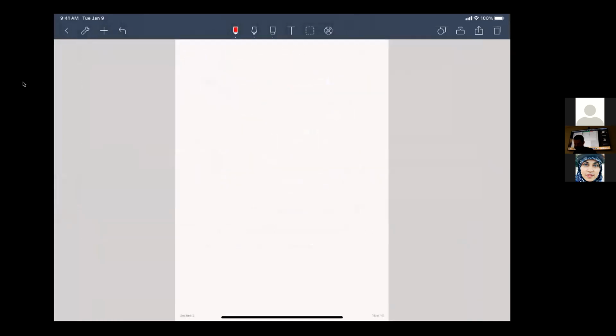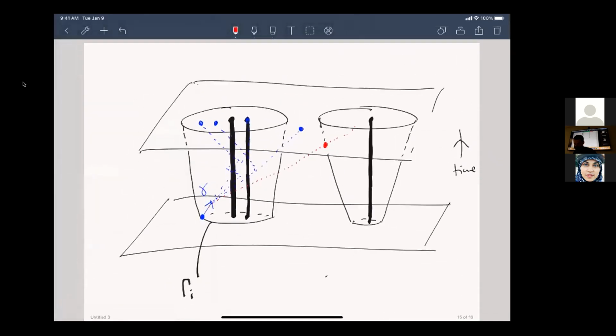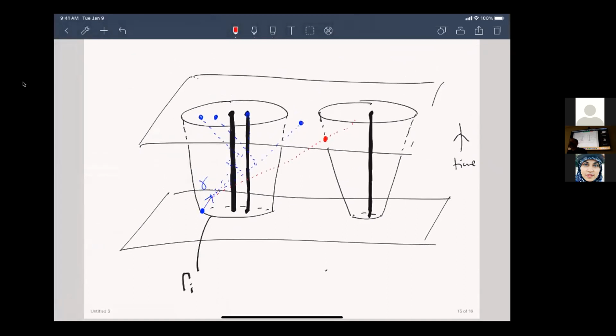So some black holes will be close enough that they'll attract and fall out. Some are far apart. So there is a collection of black holes.